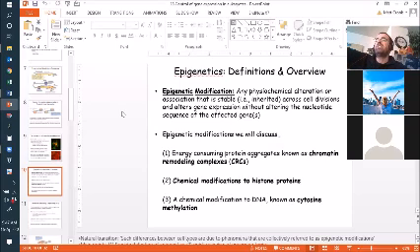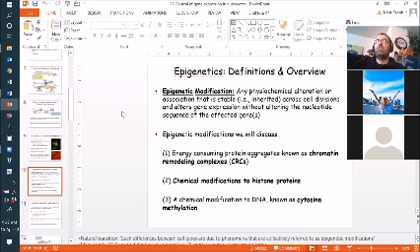And these are called epigenetic modifications, right? They're called epigenetic because they're changes to the ability for DNA to be expressed, right? Or essentially for a particular function to occur from a piece of DNA, but they are not changes to the DNA sequence, right?